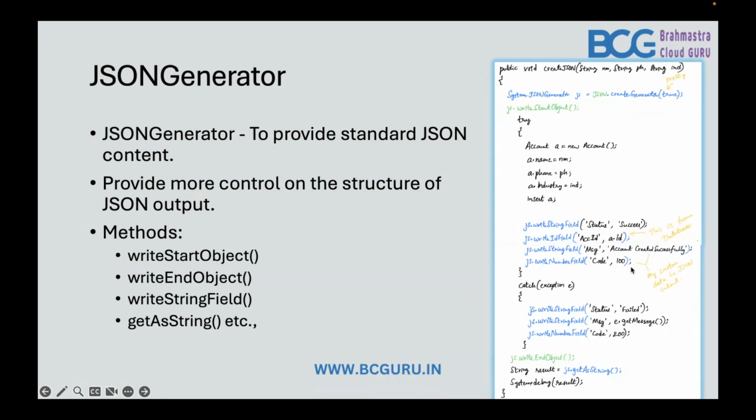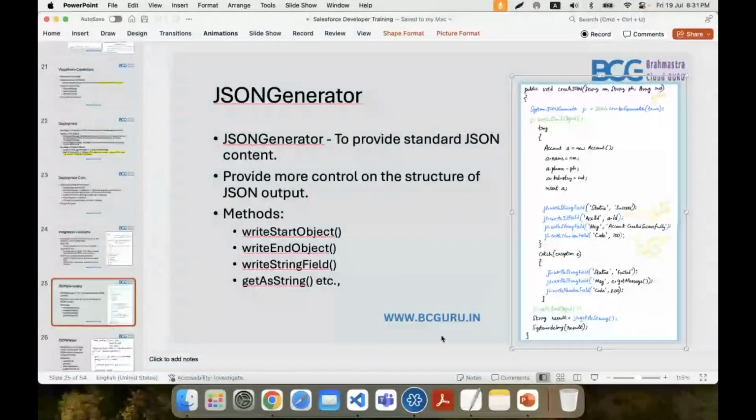Otherwise, if we catch an exception, then we write differently: status failed, message is the exception message, status code 200. With that we conclude writing the JSON. Then we take that JSON information as a string and display it. So that is what we did here. Let us see.